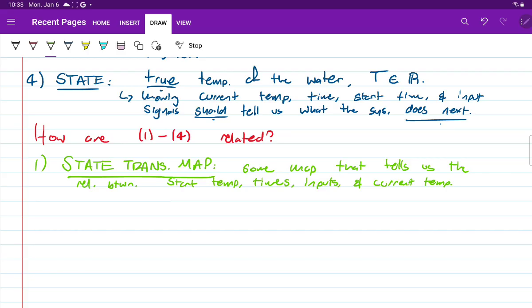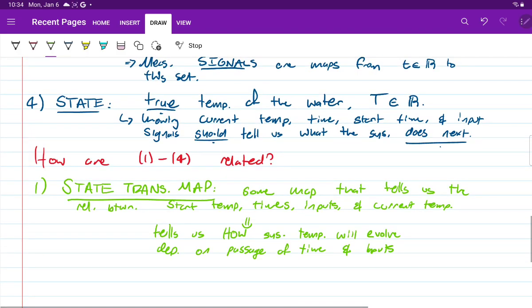So the state transition map is a map that tells us how the system temperature, the true temperature, will evolve depending on the passage of time and the inputs. Okay? So this really describes everything about the motion of the system.